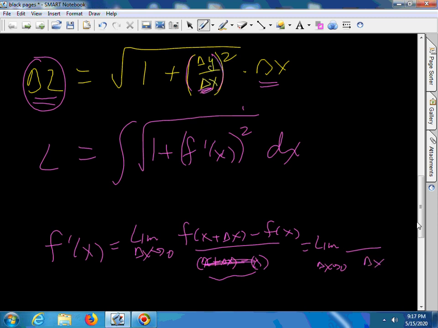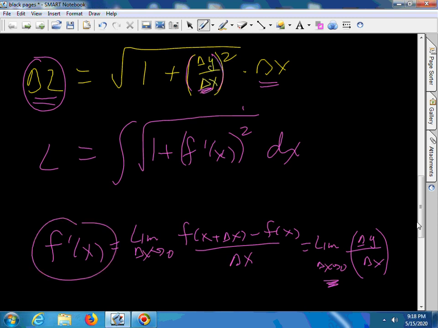Usually for the derivative, we even write it. The numerator is the change in y. The limit of this as delta x goes to 0 is f prime of x. So that's why I get to call that f prime of x, and x is going from a to b.